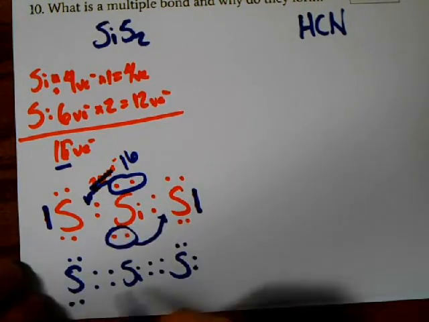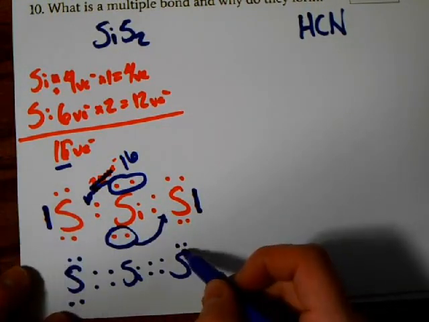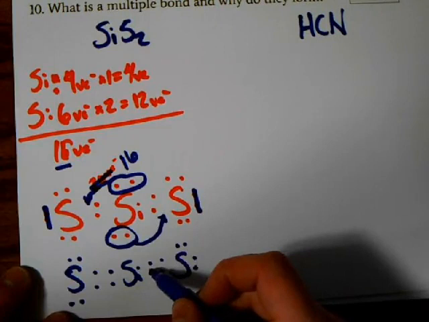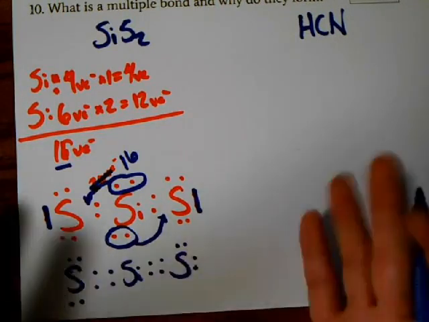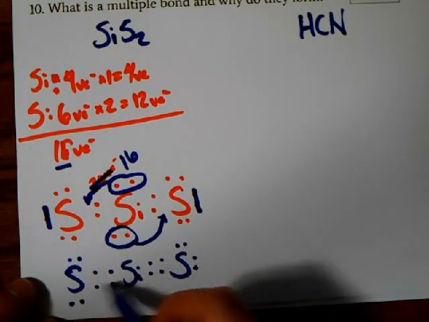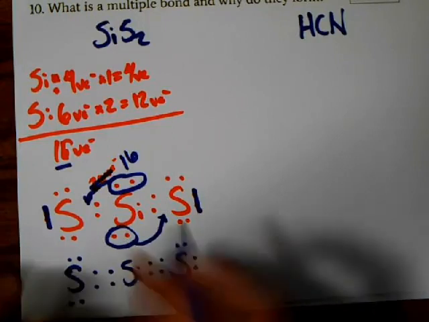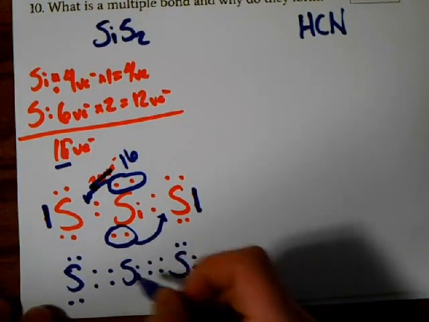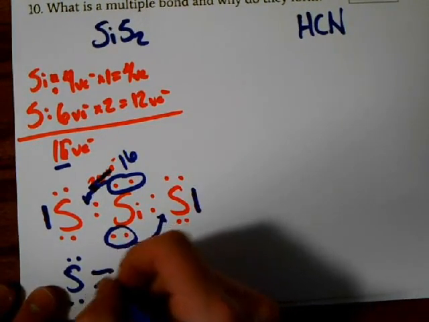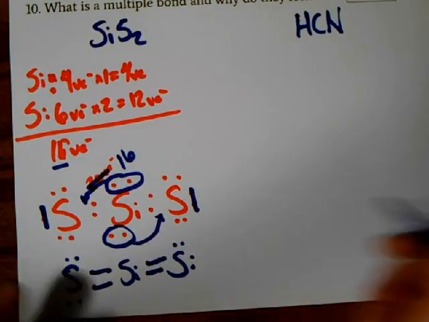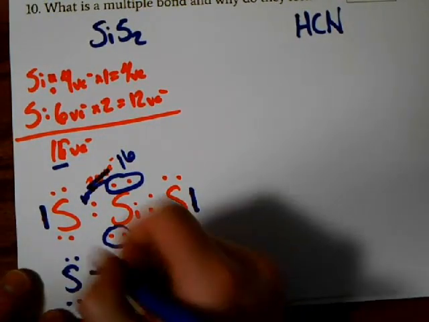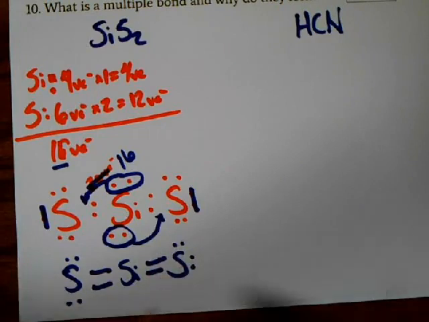Those valence electrons are now shared between the atoms. This sulfur has 2, 4, 6, 8, because those 4 are between them, they share both. The silicon has 2, 4, 6, 8, and this sulfur has 2, 4, 6, 8. Everyone's happy. There's a total of 16 valence electrons. I can redraw it like this if we want, but now everyone is happy. What we call these right here are double bonds, or 2 pairs of the valence electrons being shared.